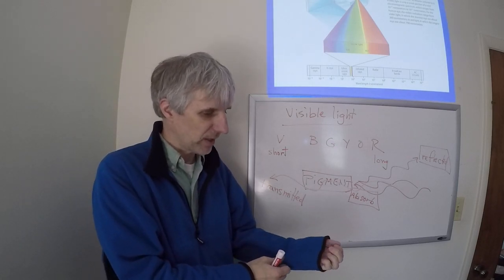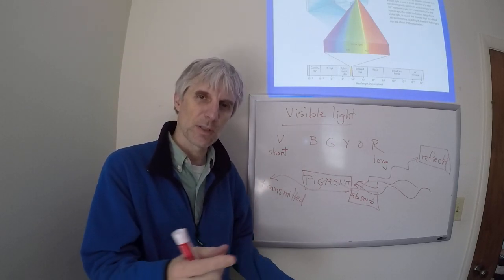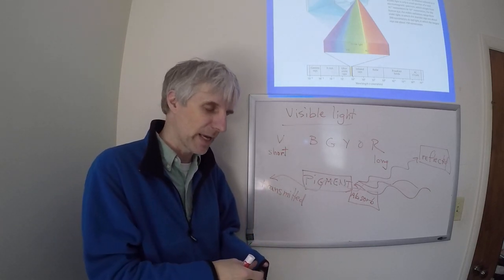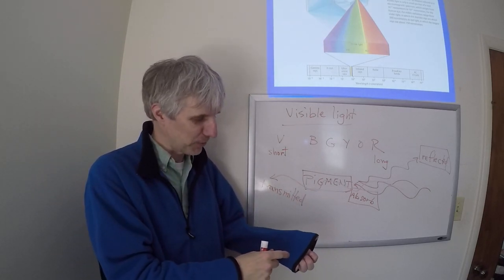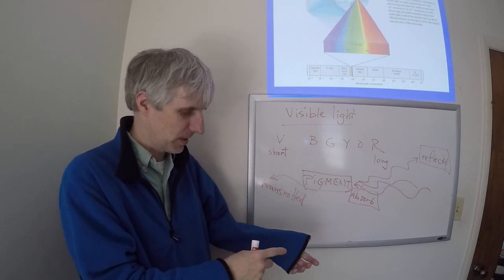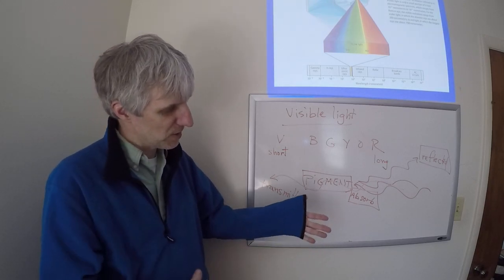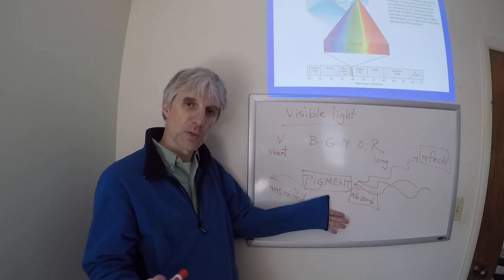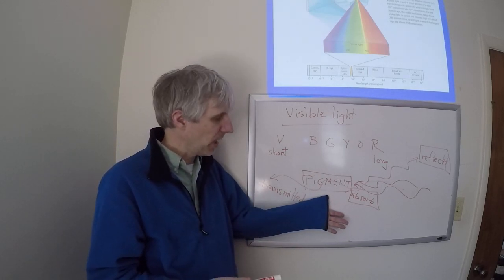So pigments are differentially absorbing and reflecting. So I have my fleece on here, right? You probably noticed it was a different color than the one I reviewed the exam with because it's actually a few days later. Shocker, I don't always do all the lectures all at once. So this is blue. There are pigment molecules in here that absorb and reflect different wavelengths of light.